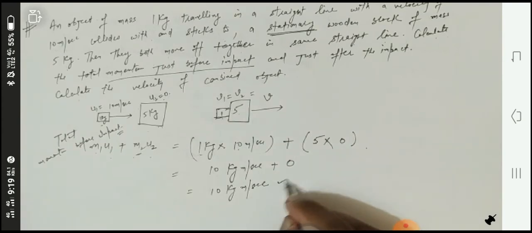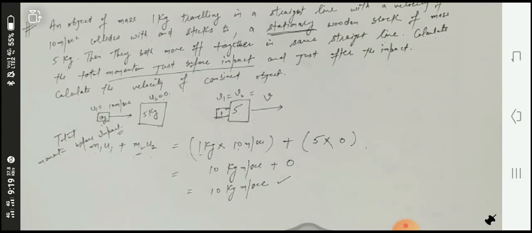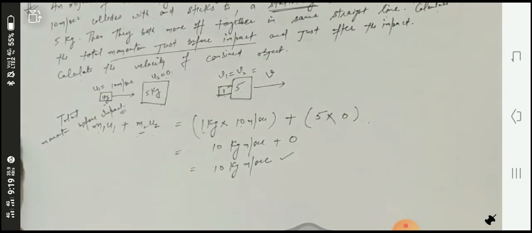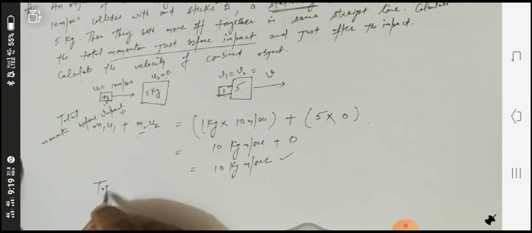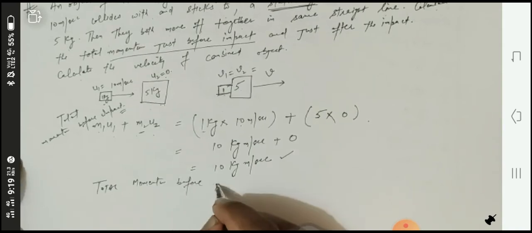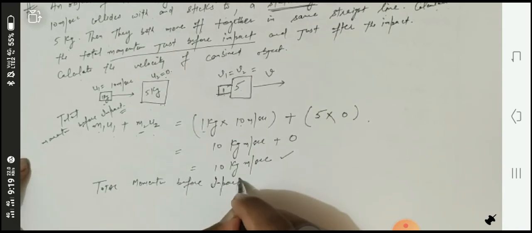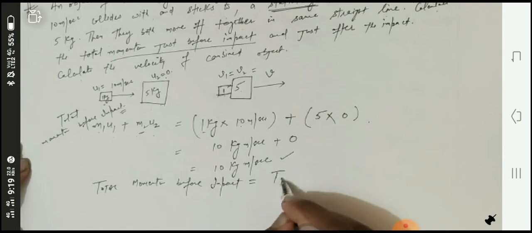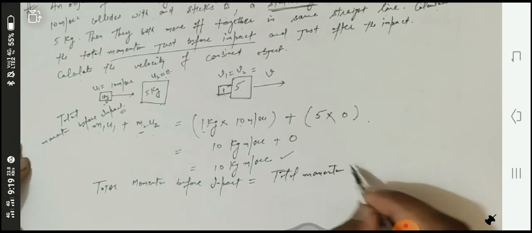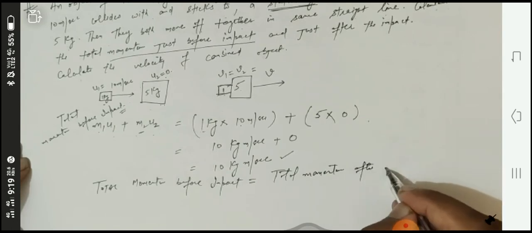So 10 kilogram meter per second is the total momentum before collision, means before impact, right? But according to the law of conservation of momentum, total momentum before impact should be equal to total momentum after impact.